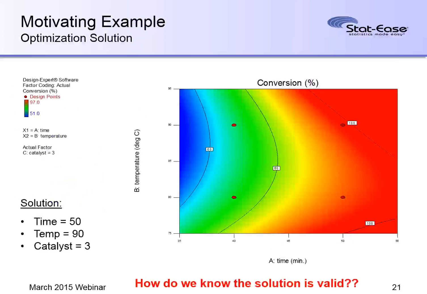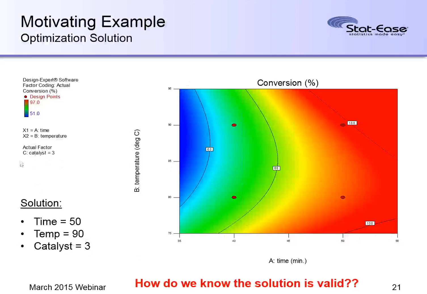Design Expert 9 tells me that the maximum conversion occurs at the corner of the design space. It occurs when I set the time to 50 minutes, a temperature of 90 degrees Celsius, and a catalyst of 3%. In fact, you can get this nice contour plot here, which shows the conversion as a function of time and temperature when the catalyst is set to 3.